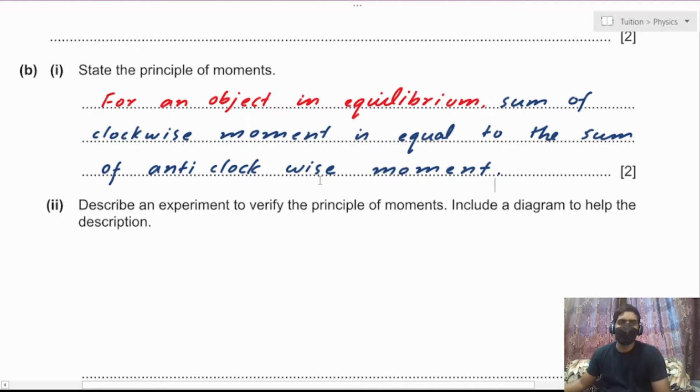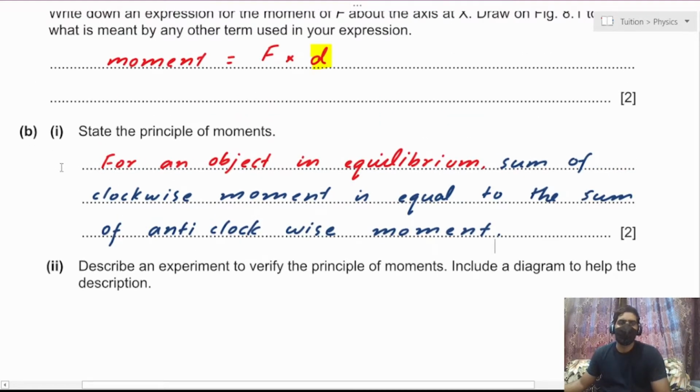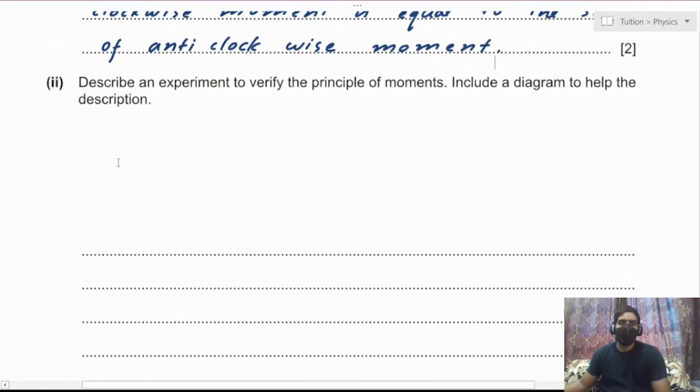All right, so this was part B, part 1. Now the next one is: describe an experiment to verify the principle of moments. Include a diagram to help the description. So whatever you have written previously, you have to come up with an experiment that would prove that.